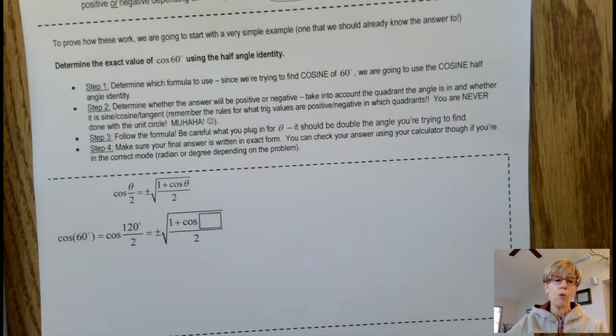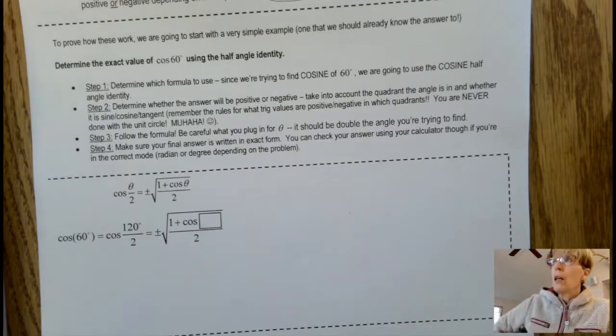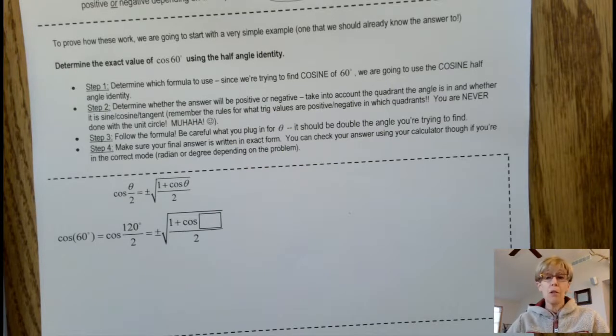Thirdly, it says follow the formula, be careful what you plug in for theta. It should be double the angle, so 60 times 2 is 120. And then that value of 120 is what we're putting back in over here.